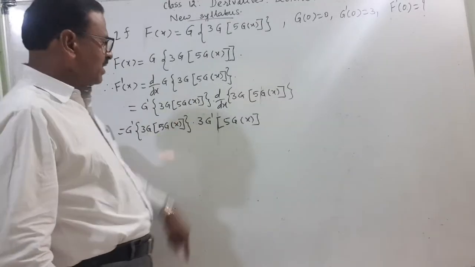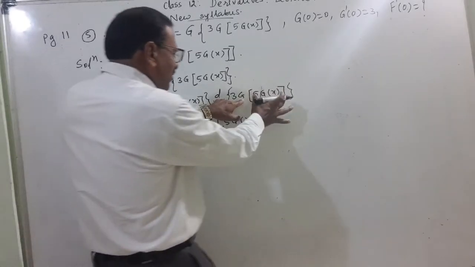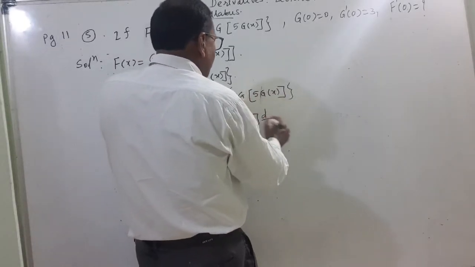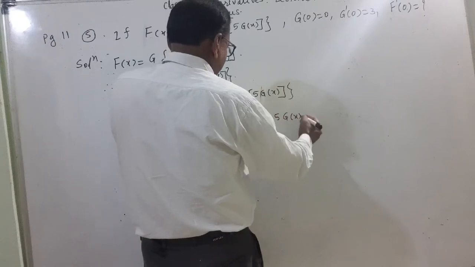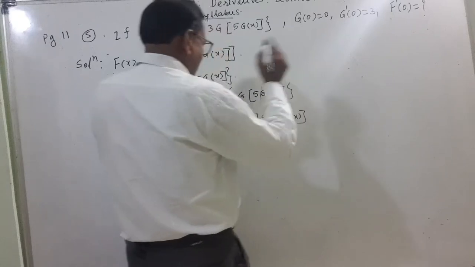Okay. Now the derivative of this is taken. Now the derivative of the remaining part into d by dx of 5g of x. This derivative I am going to take.